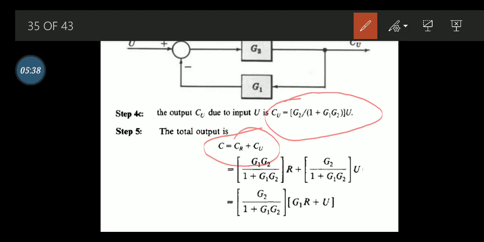Then finally we get the output response of the given block diagram, that is G1 divided by 1 plus Z1 Z2, under bracket, G1 R plus U.